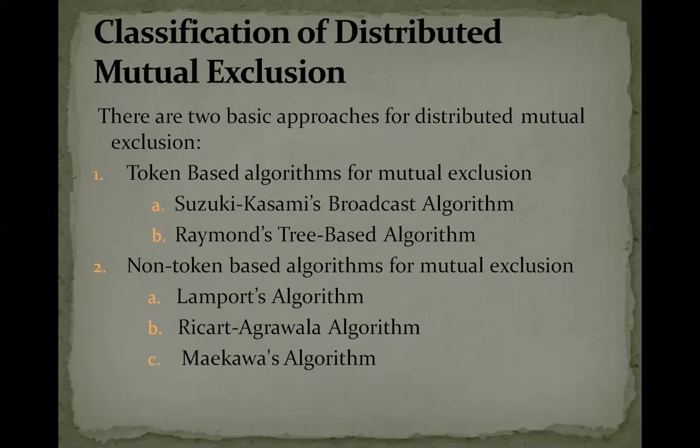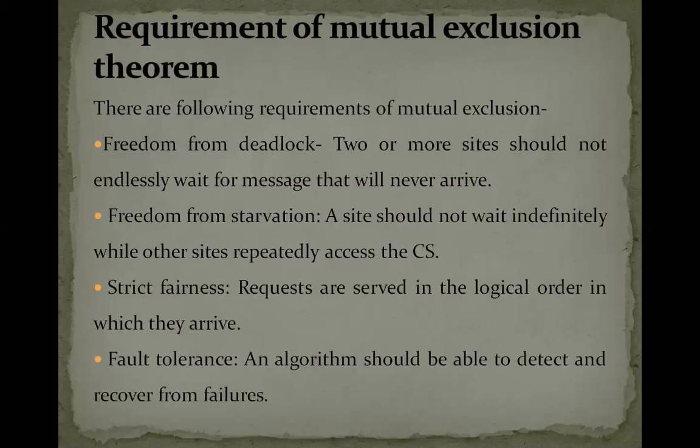As far as the system requirement of the mutual exclusion algorithm is concerned, the primary objective is to maintain mutual exclusion, so that it guarantees that only one request accesses the critical section at a time. This is the primary objective. With this objective, there are four requirements. The first requirement is freedom from deadlock.